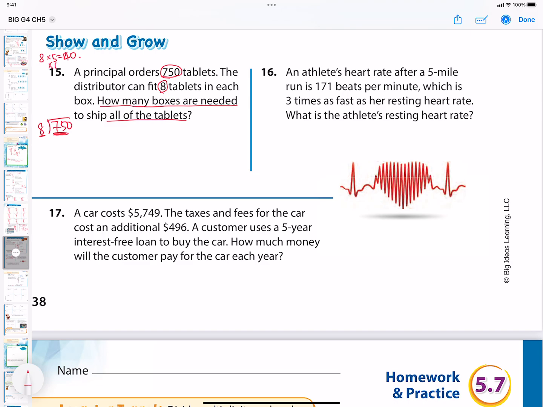Then you can continue to add to see the multiples of the divisor, which is 8 here. So 48. 8 times 7 is 56. Just continue to add 8. Then 8 times 8 is 64. 8 times 9 is 72. Okay, we got it here. Since 72 is closest to 75 but not greater than 75, we can use that.